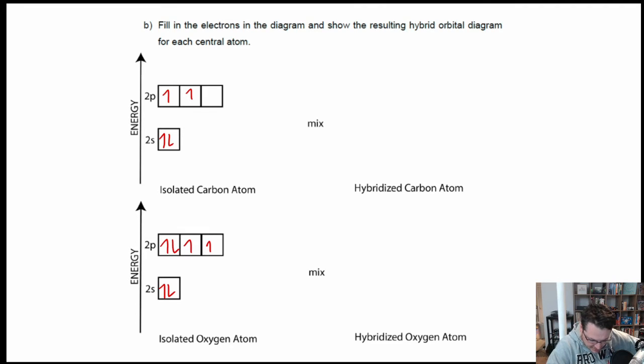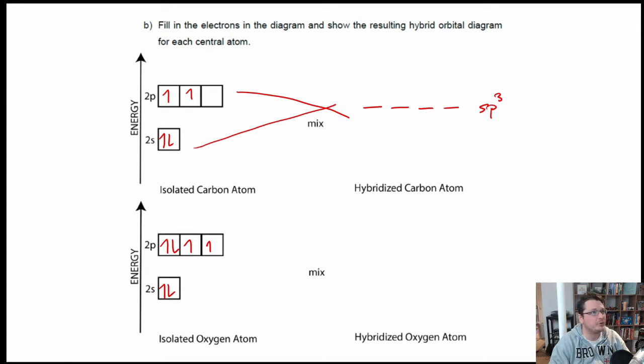What happens in the case of hybrid orbitals is that you essentially add up the wave function of the 2s and the different 2p's with different coefficients to push them in different directions. And so you end up with these all combining together to form 1, 2, 3, 4 sp3 hybrid orbitals. All 4 of those sp3 hybrid orbitals are degenerate, right? They're all at the exact same energy.